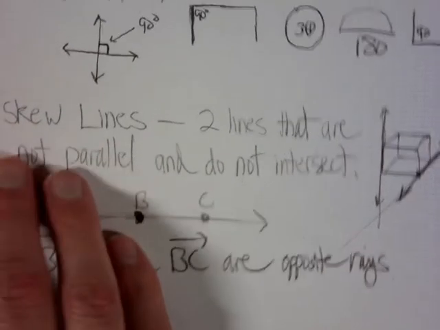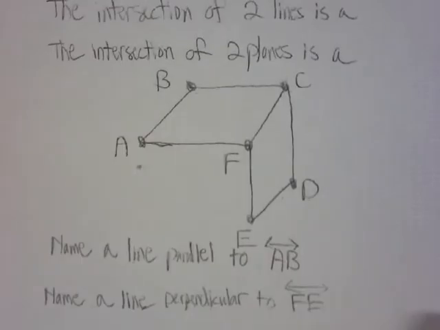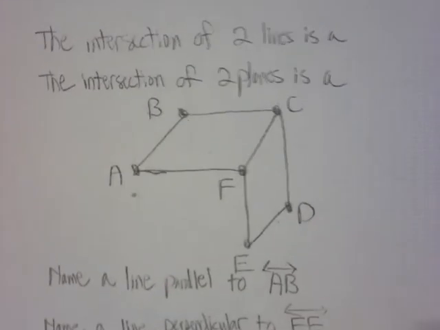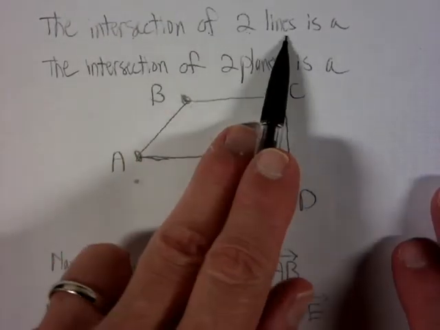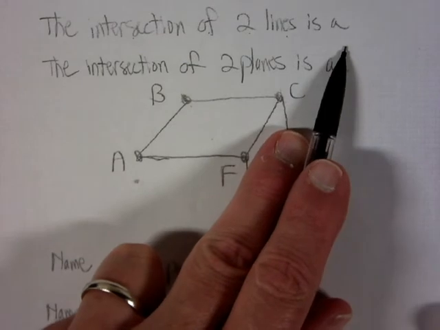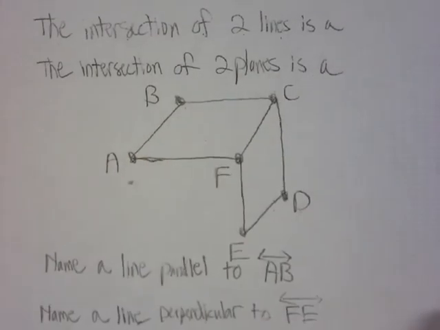Okay? All right, let's take a look now at the back side of the notes. So right here we have two statements that we're going to look at. Okay? The intersection of two lines is a blank. All right, so let's think about this for a minute.